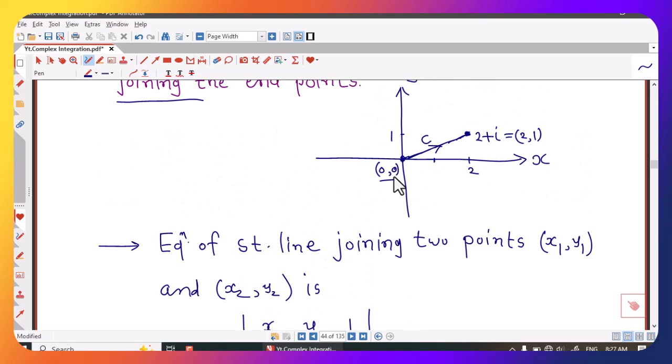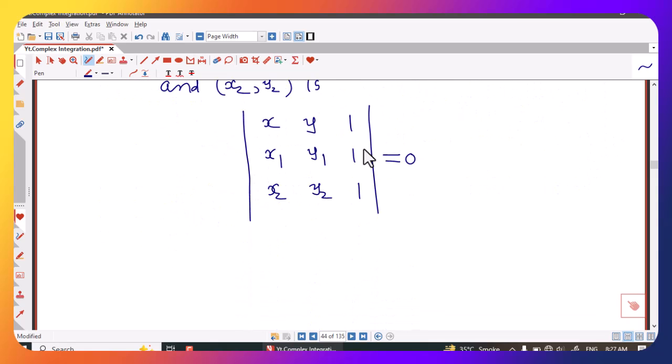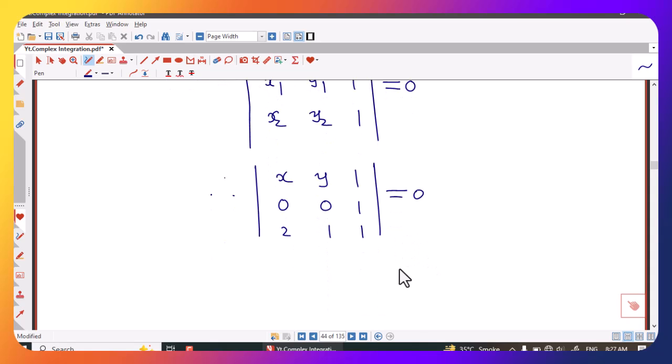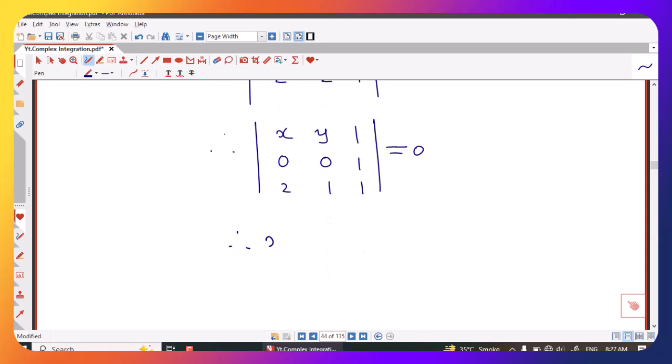So here we consider (x1, y1) equal to this point (0, 0) and (x2, y2) equal to (2, 1), and we substitute here. So we can write the first row as it is, x y 1, then 0 0 1, and 2 1 1, and this is equal to 0. We know how to evaluate determinants.